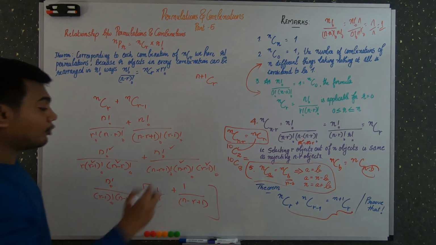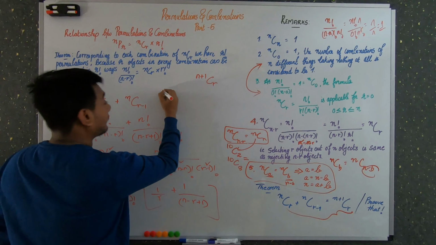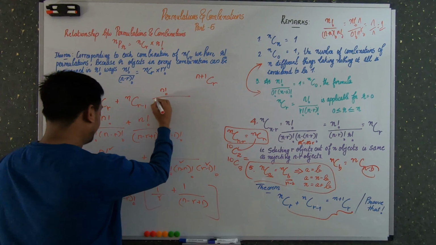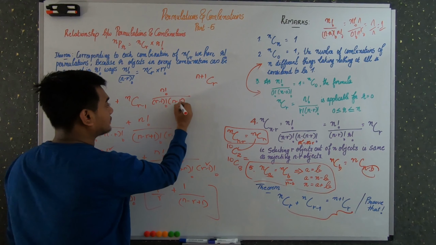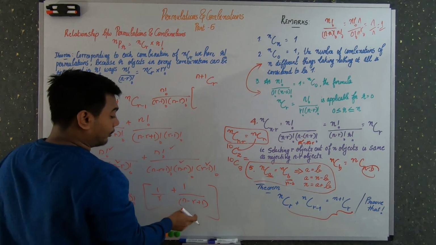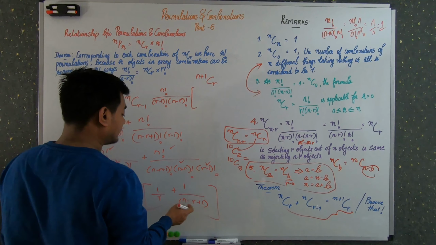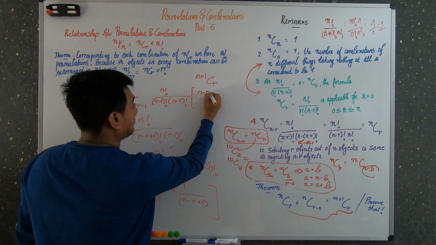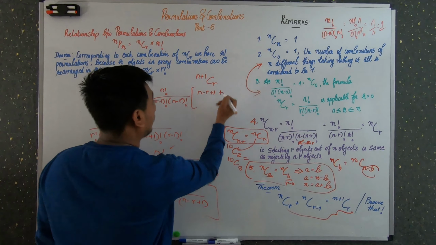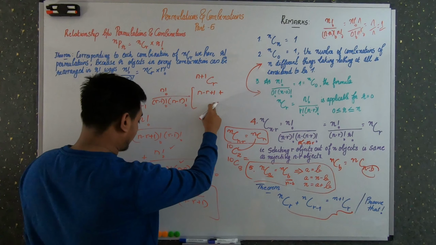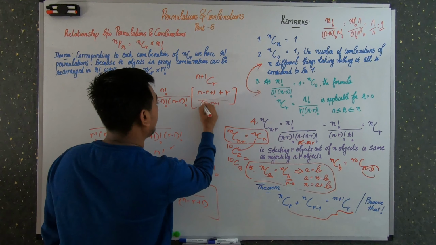So to solve this, I'm going to take the common terms. I'm writing here again n factorial by (r minus 1) factorial into (n minus r) factorial. Then I'm going to write this as 1 by r plus 1 by (n minus r plus 1). Cross multiply so that the denominators are the same, so I can do the addition. So (n minus r plus 1) plus r, by r into (n minus r plus 1).